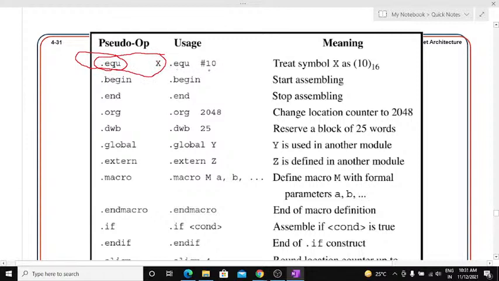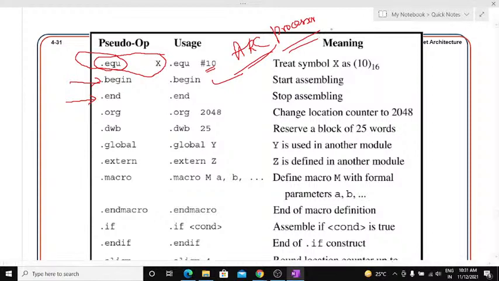We are assigning a value, that is the value 10. .begin means start the assembling operation, .end means stop the assembling. These are some pseudo operations that we use in the ARC processor.